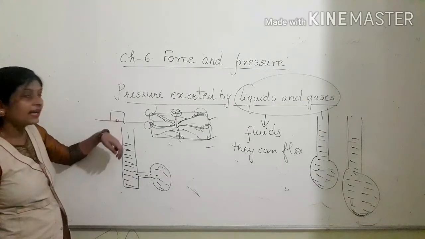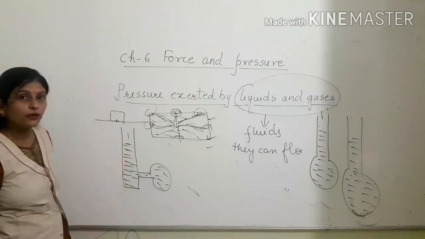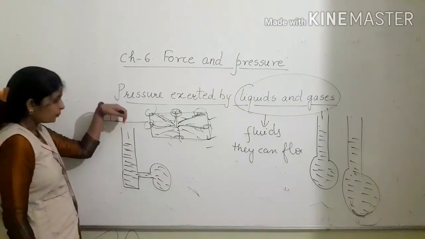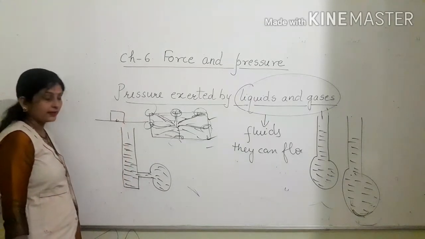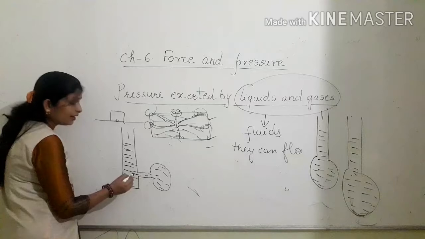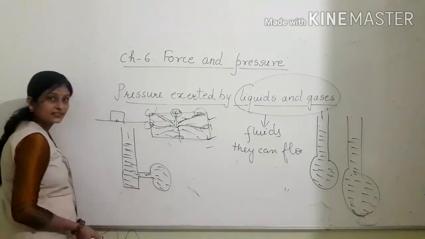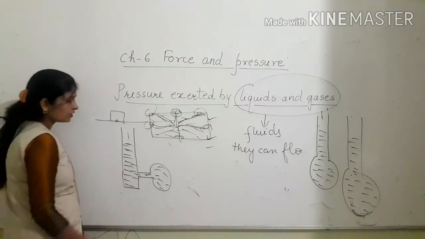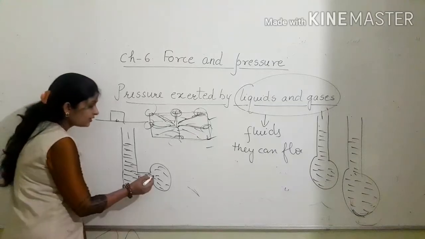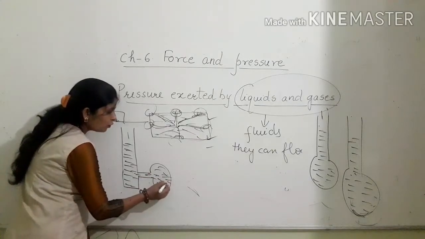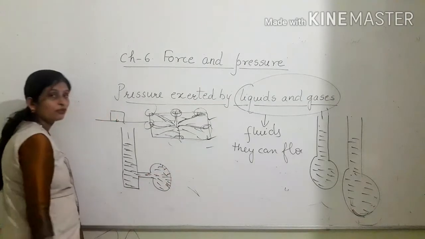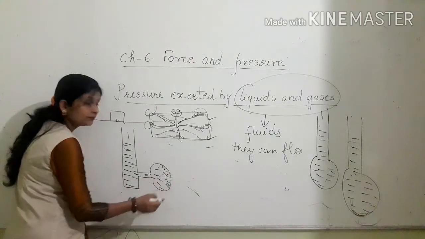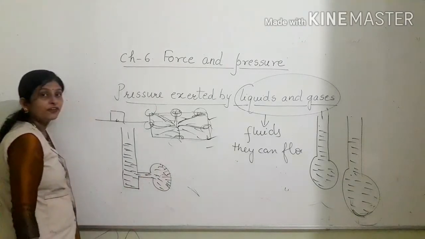As you pour water and increase the level of water in it, what will you observe? You will observe that the water flows down and also flows sideways and fills this deflated balloon. As this water fills the deflated balloon, it applies force on the unit area of the surface of the balloon. In this way, water applies pressure on the surface of the balloon.